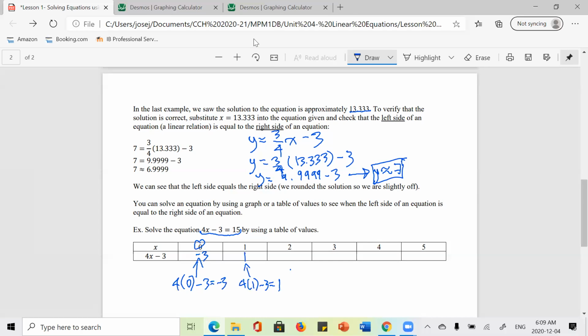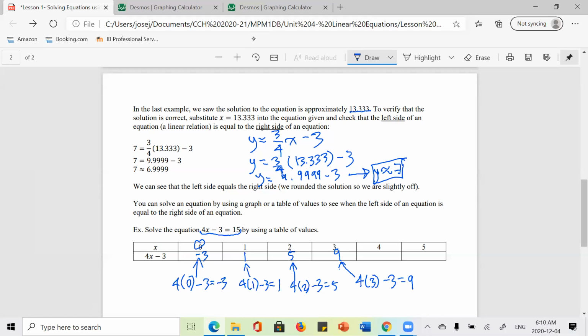And then I have 4 times 2 minus 3. And we know 4 times 2 is 8, minus 3 is 5. And then I have, but I'm really running out of space. That's okay, I'm going to have to go underneath. 4 times 3 minus 3. And we know 4 times 3 is 12, minus 3 is 9.